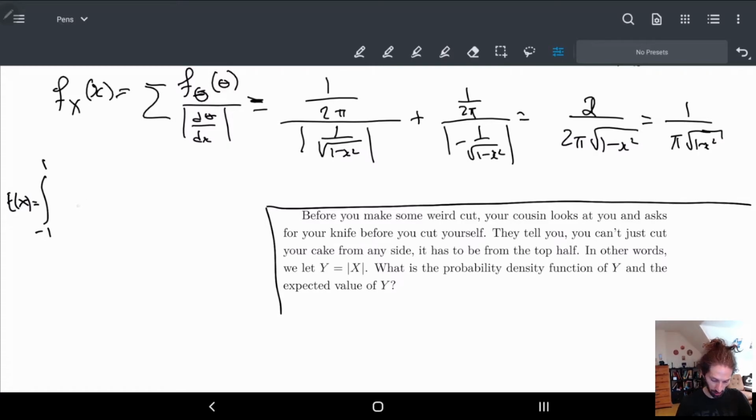I take my probability density, which is 1 over pi times the square root of 1 minus x squared, and I multiply this by x. Now the thing to note here is that this is actually a symmetric function. If you were to draw this out, the symmetric function basically looks like this.